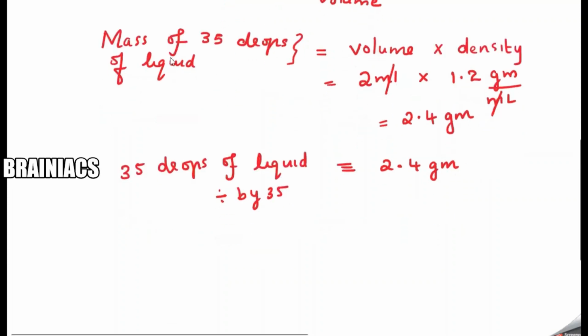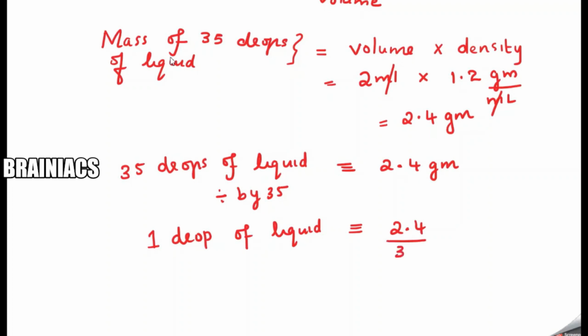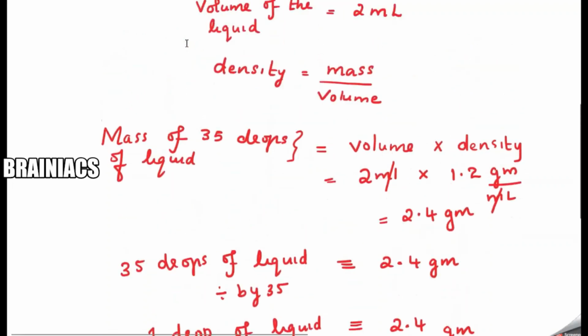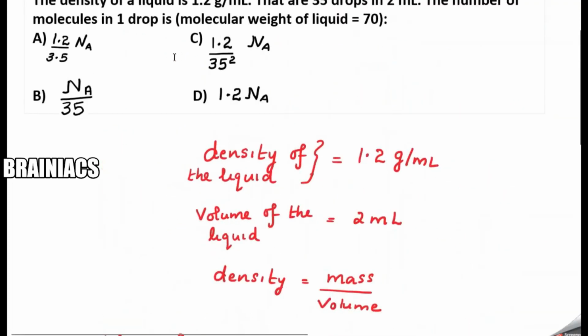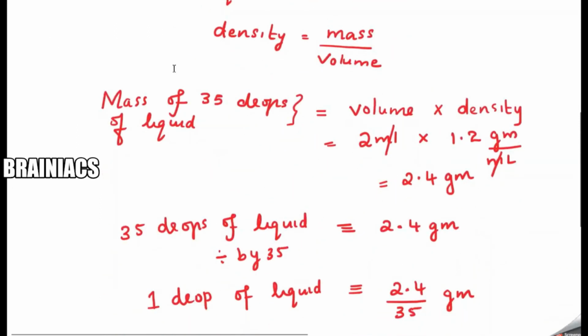So for one drop of liquid, mass is equal to 2.4 divided by 35 gram. But what they are asking in the question is the number of molecules in one drop. I know one drop of liquid has 2.4 by 35 gram.